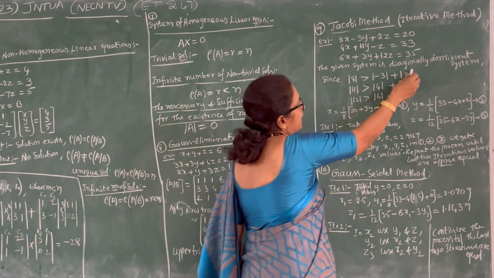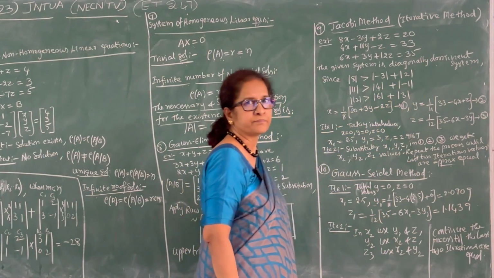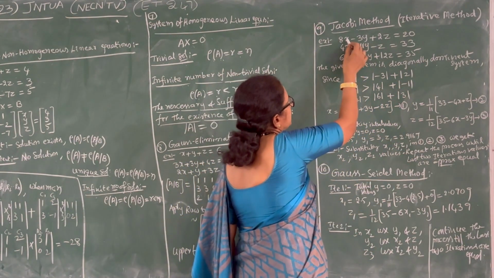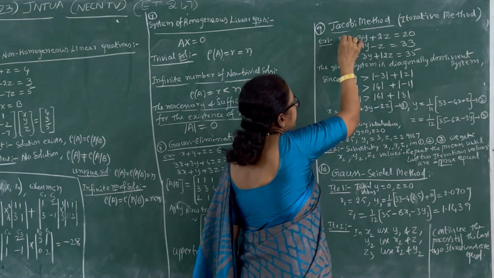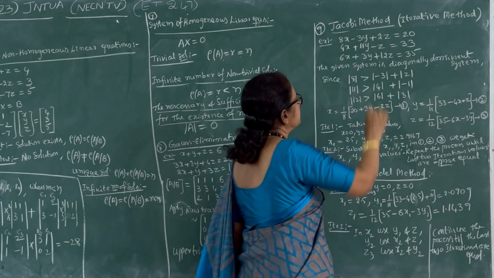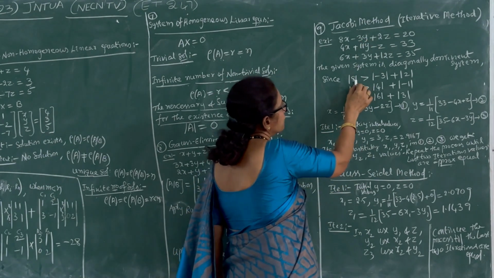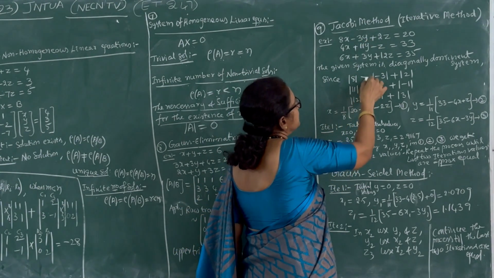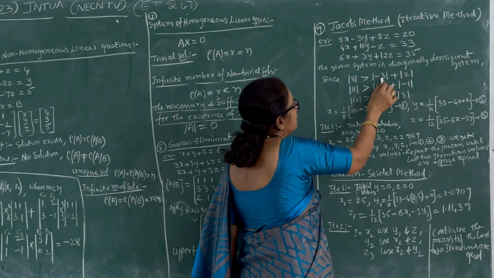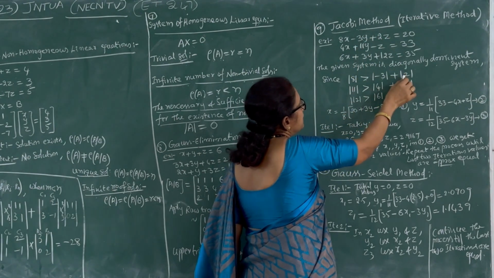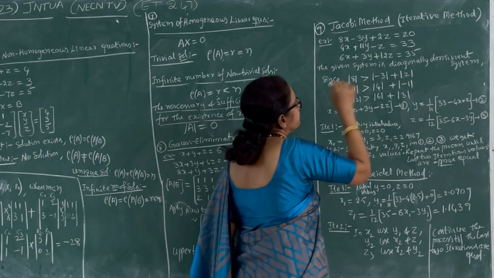What is meant by diagonally dominant system? If you take the diagonal elements in this matrix, that is 8, 11 and 12, modulus of 8 is greater than the sum of the remaining coefficients, that is mod of minus 3 plus mod of 2.